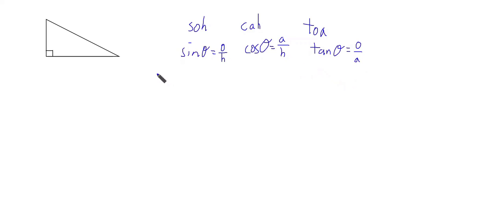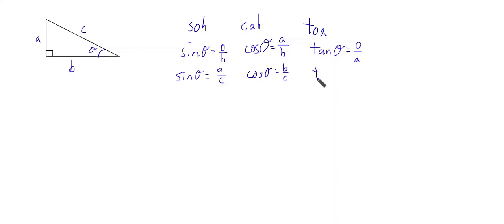Okay, so let's put that to use. If this angle here is theta, and let's say this side is A, this is B, and this is C, then the sine of theta is equal to the opposite side divided by the hypotenuse, or A over C. If we ask for the cosine, cosine of theta equals B over C. B is the adjacent side to that angle, the side right next to it.